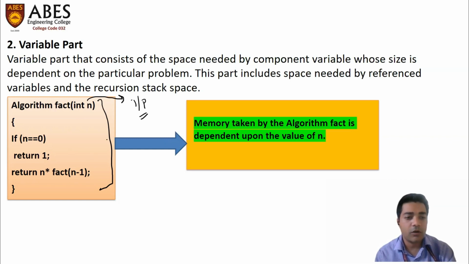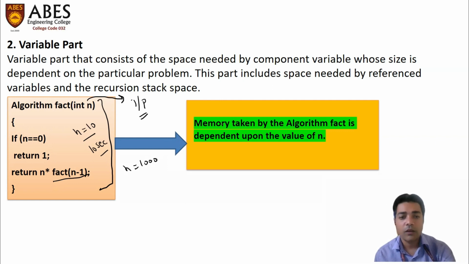If n is 10, let's say we are measuring time in seconds or nanoseconds, whichever you like, it is going to run for at least 10 seconds if every operation takes 1 second. If n is 1000, it may take 1000 seconds. So the memory taken by the algorithm is dependent on the value of n.